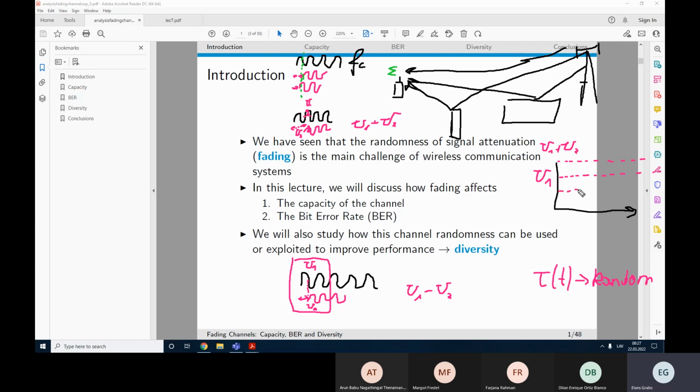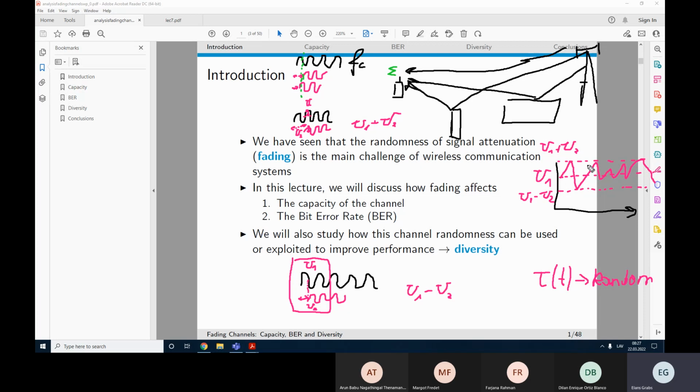And accordingly, we can also deviate below our normal level, U1 minus U2. And the actual amplitude is going to change in a random way, for example, like this, and many other possible random implementations of this process.